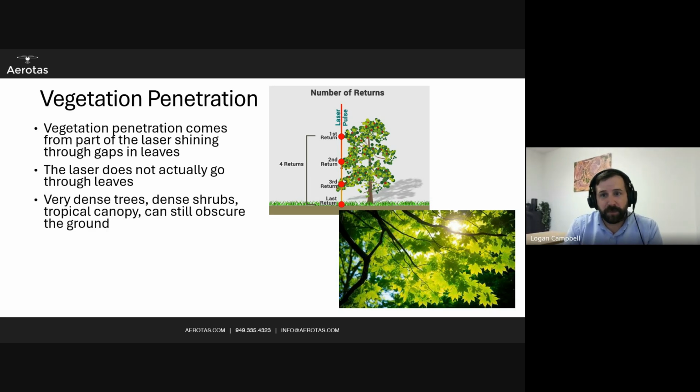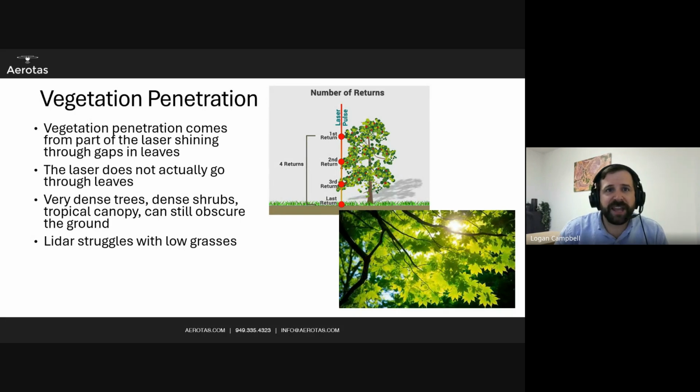Because of that, there are still some extremely dense vegetation types that will completely block LiDAR sensors, either in more tropical areas where you have very, very broad leaves and multiple canopies, or in other places where really, really dense kudzu or something can fully block the ground completely. That does exist because, again, the laser can't actually see through the leaves. It just finds the gaps. If there are no gaps to be found, then it can't find the ground.